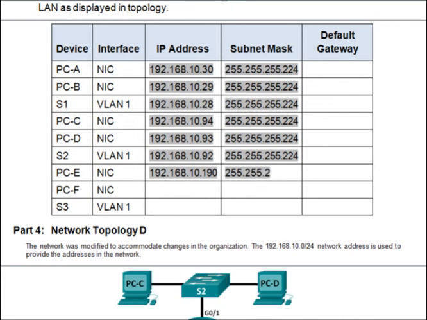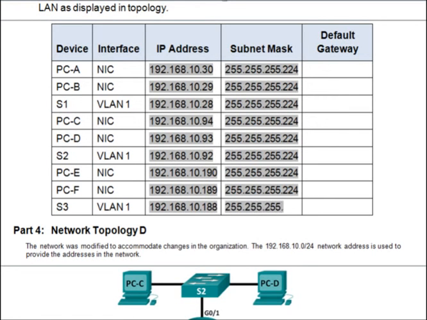Subnet mask is the same. Then 192.168.10.189, 255.255.255.224, and the last, S3, is 192.168.10.188 with 255.255.255.224. Okay, so those are the IP addresses and subnet masks for the devices.